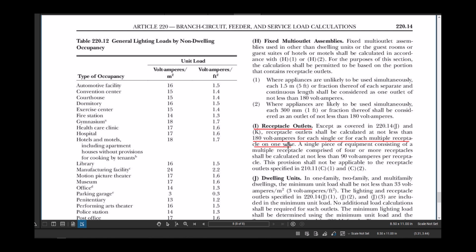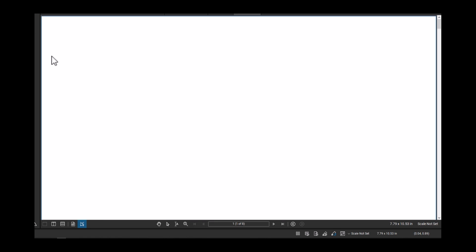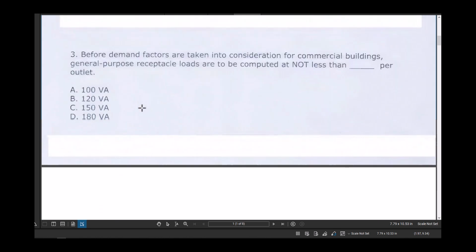You can read what J says and what K says, based on the 'except as covered', but we just try to find the area for our answer. Based on what we found here, D should be our answer, 180 volt-amps.